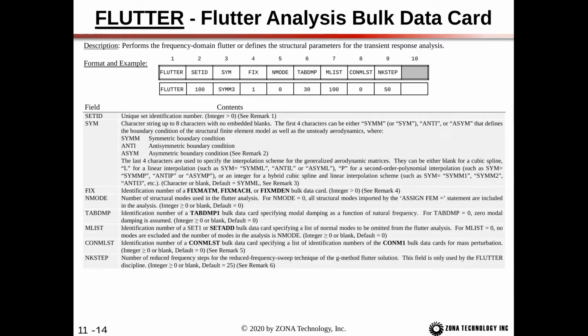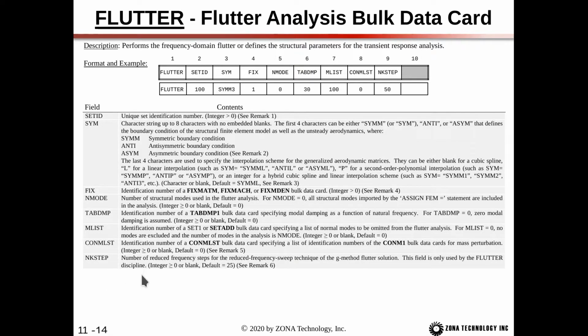Next, the conmlist can refer to the conmlist card, which can refer out to the conm1 or conm2 cards for mass perturbation. And then lastly, we have nk step, which is the number of reduced frequency steps for the reduced frequency sweep technique of the G method Flutter Solution. This field's only used by the Flutter discipline.